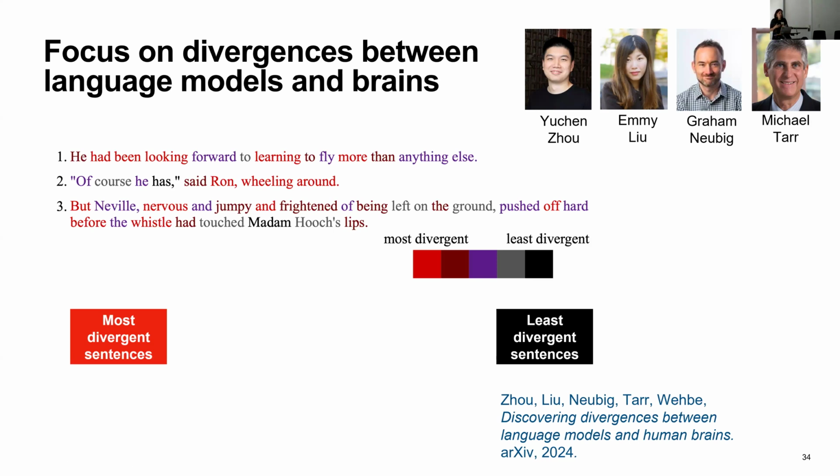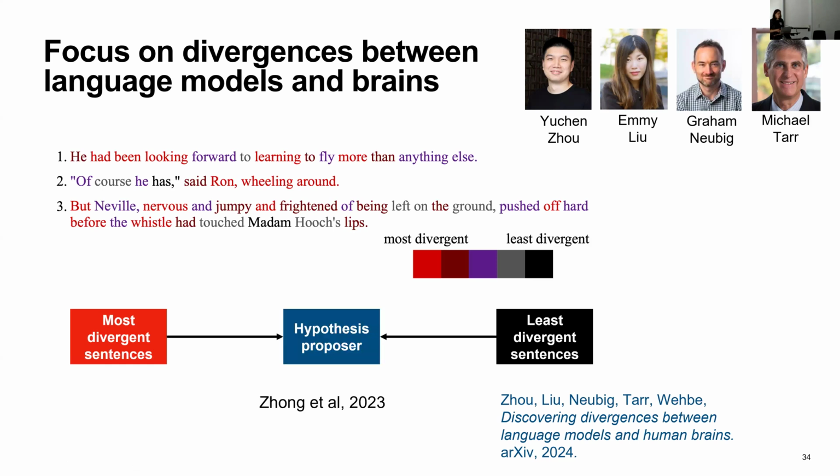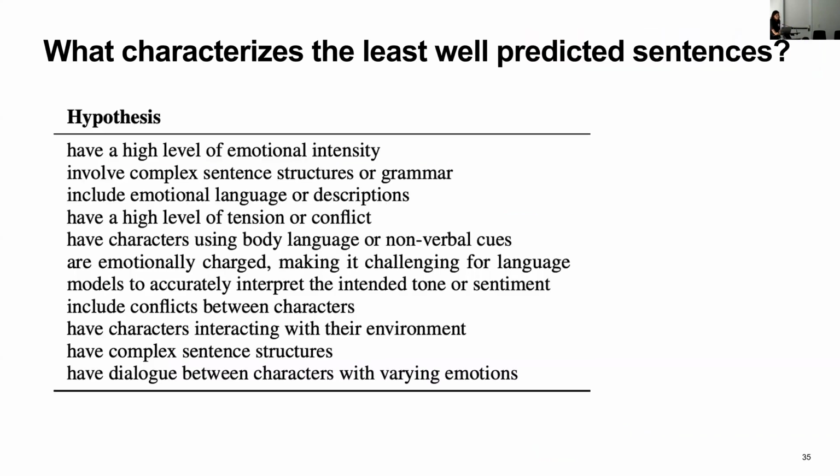To come up with a systematic way to differentiate between them, we use an automated approach where we ask the language model to come up with a hypothesis about what differentiates these two groups of sentences. After we generate these hypotheses, we test them with a permutation test, but we also have people test these hypotheses and make sure that they do characterize these sentences. These are the top hypotheses that characterize the most divergent sentences.